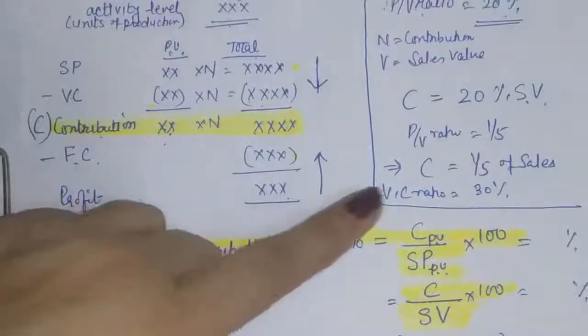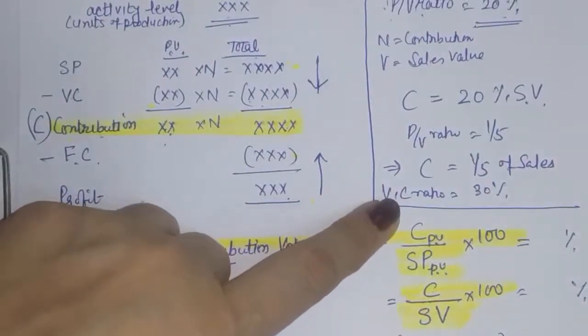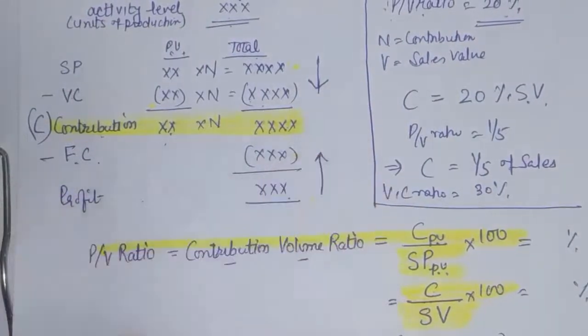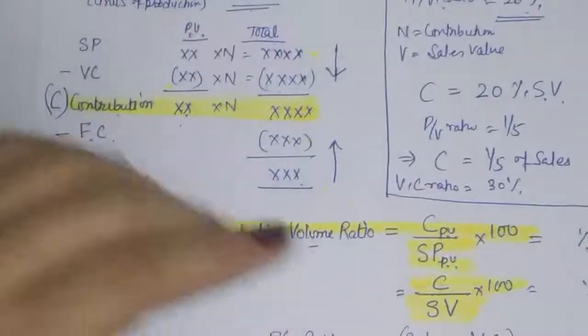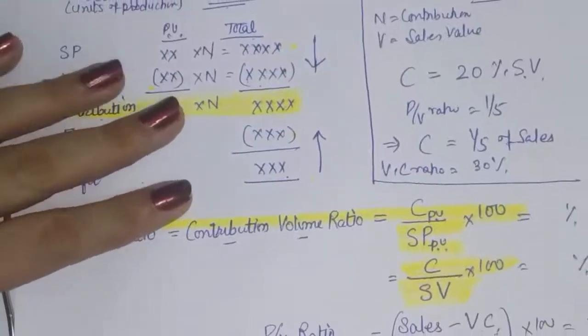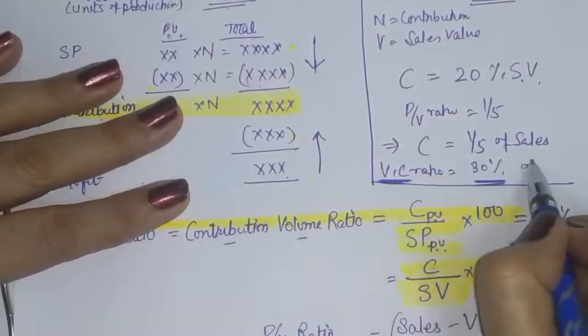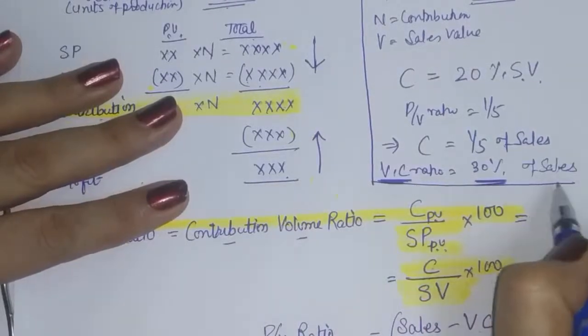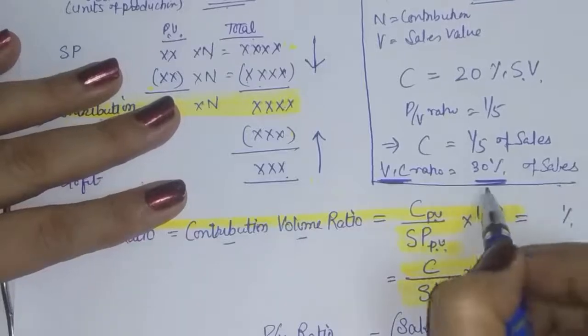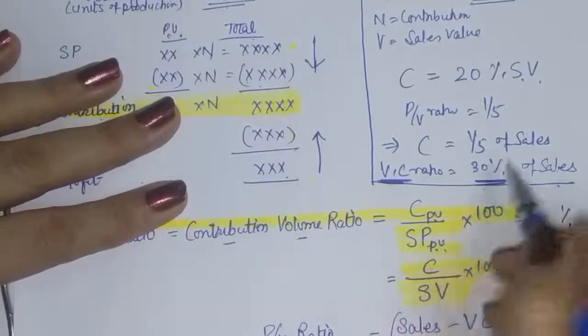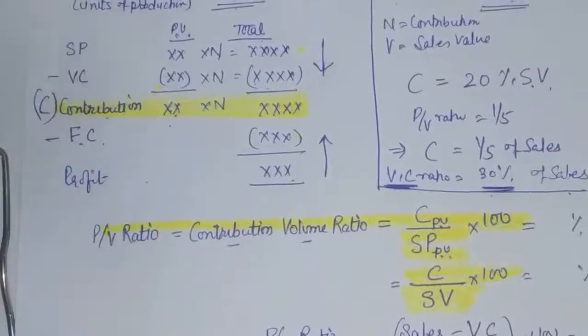It implies that the numerator is variable cost and the denominator is sales, because variable cost ratio is taken with reference to sales. So it will be read as variable cost is 30% of sales, which also implies that given the sale value, we can calculate variable cost. Alright, so this is how we calculate the ratio.